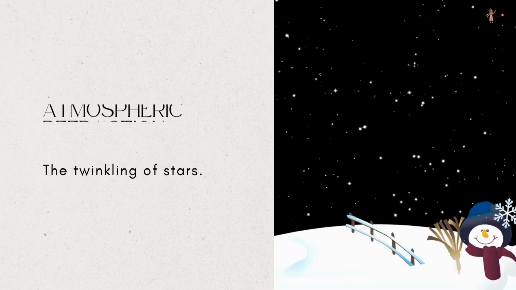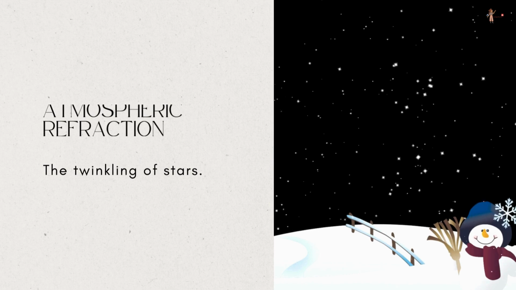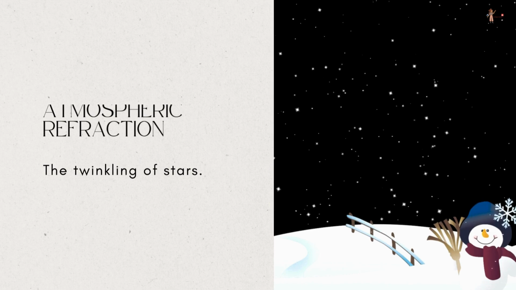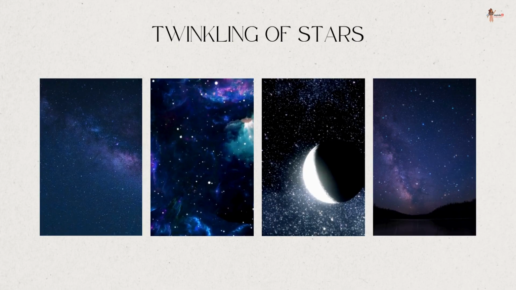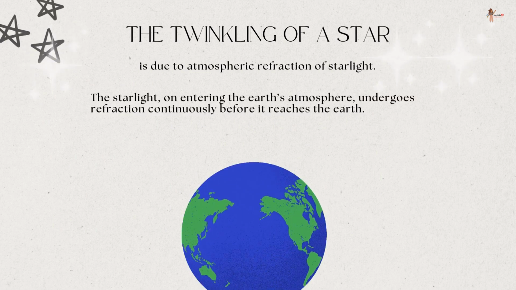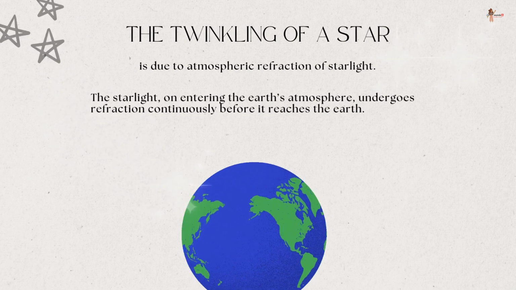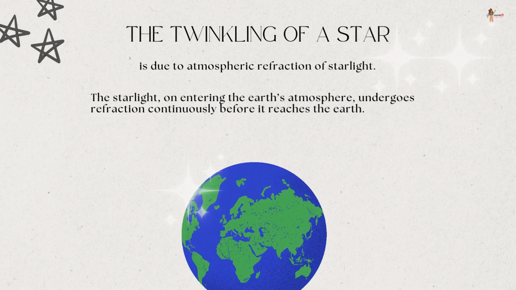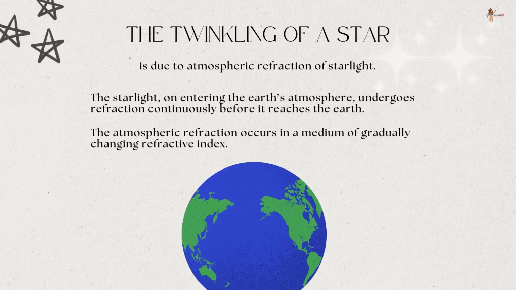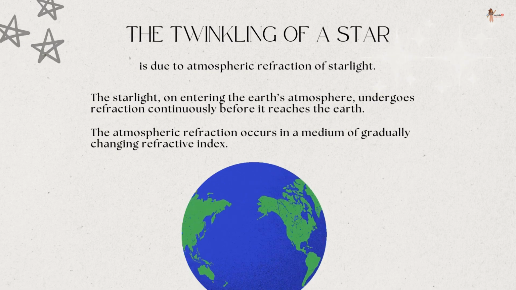The twinkling of stars is a similar phenomenon on a much larger scale. Let us see how we can explain it. The twinkling of a star is due to atmospheric refraction of starlight. The starlight on entering the Earth's atmosphere undergoes refraction continuously before it reaches the Earth. The atmospheric refraction occurs in a medium of gradually changing refractive index.